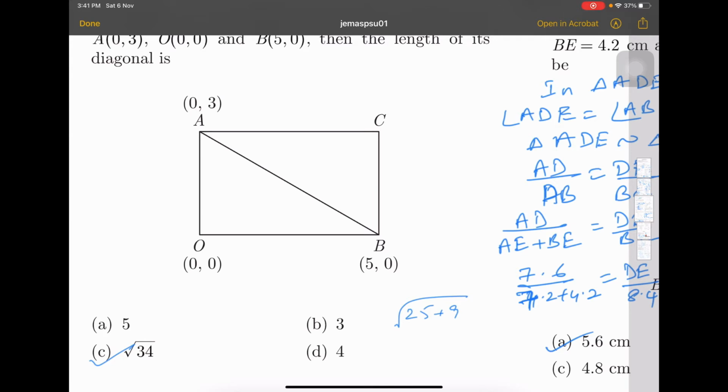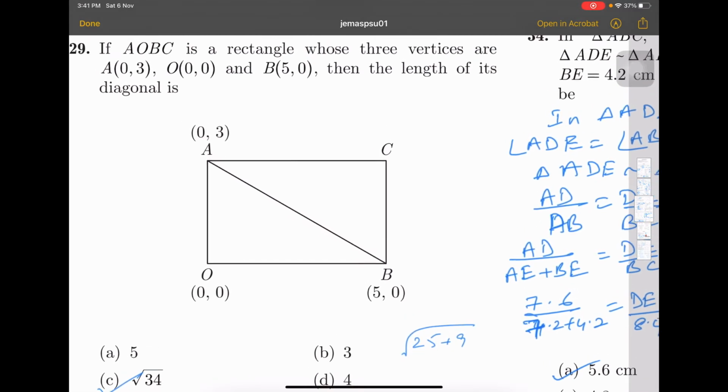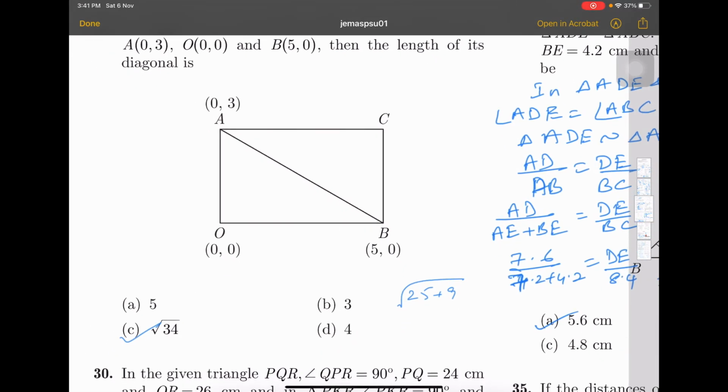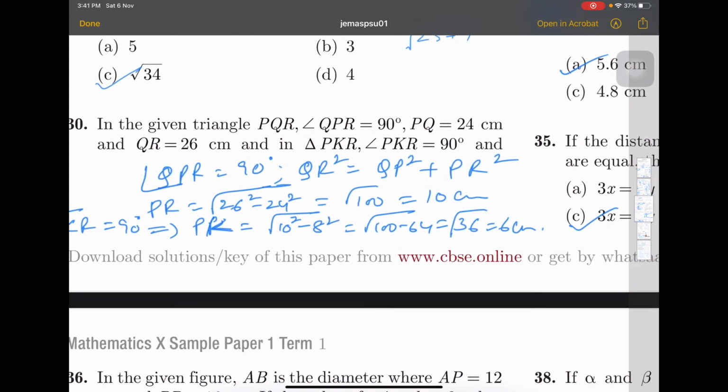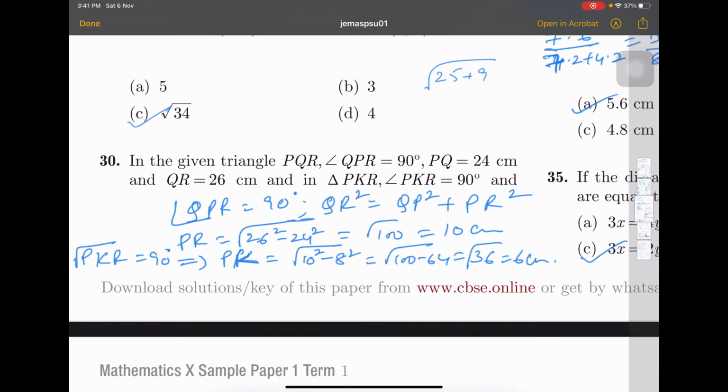It's just the length of that diagonal AB you can take, because in this he is asking to find out AB. So therefore under root of 5 square plus 3 square, that is 25 plus 9, which is equal to root of 34.